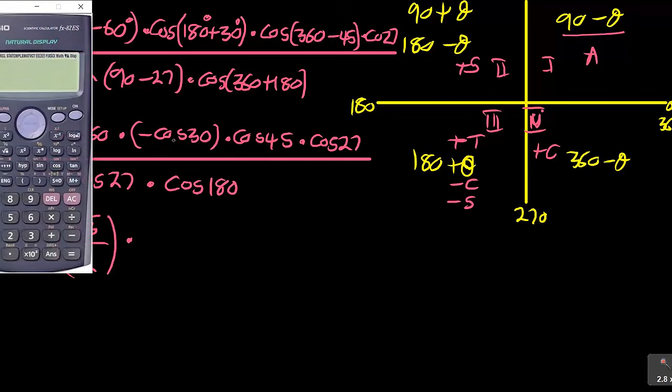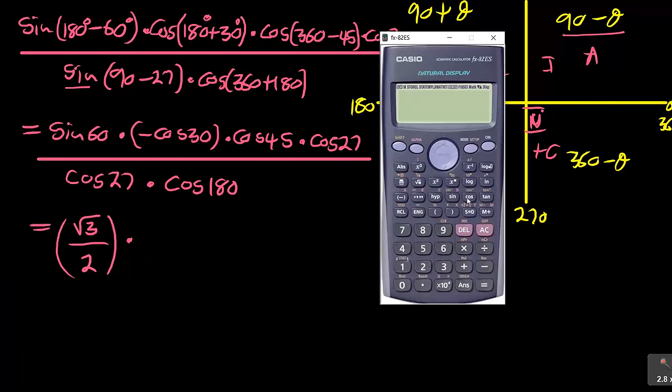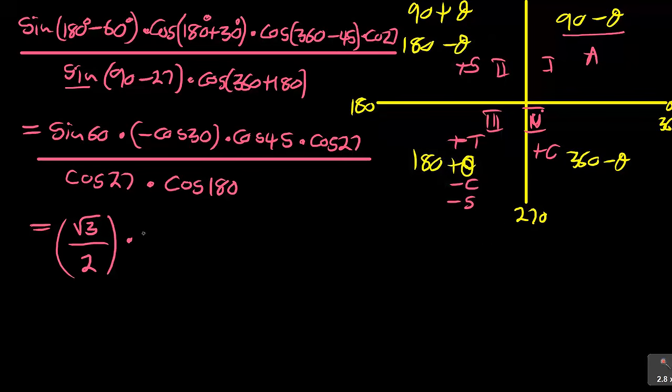And then what about cos 30? If you say cos 30 is root 3 over 2, I'll show you how you use the calculator without showing that you used the calculator. Times cos 45.